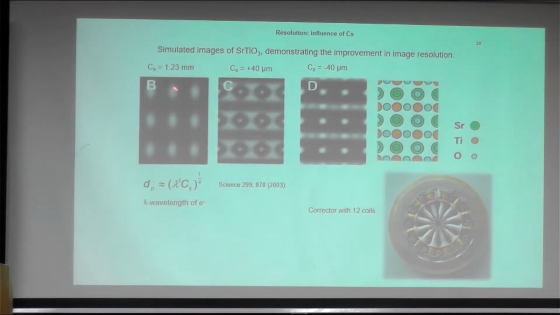If we have high spherical aberration on a normal microscope, like 1.3 millimeters, you maybe can resolve some atomic columns which belong to strontium and oxygen. Then you adjust the Cs, reduce it to 30 micrometers, and you can see more features in the image, but it's not the same as this.